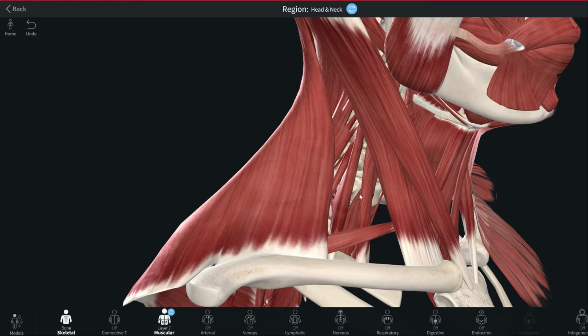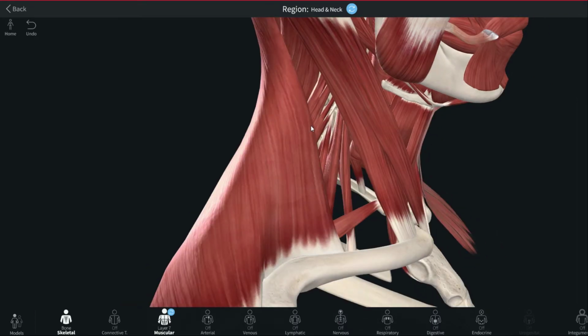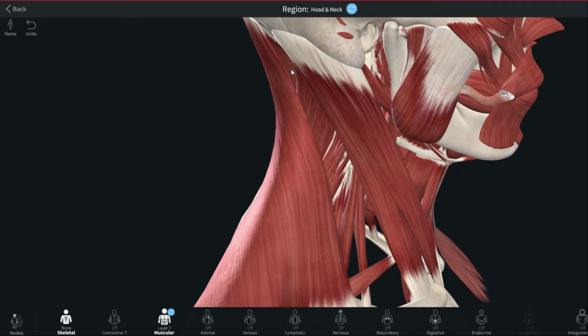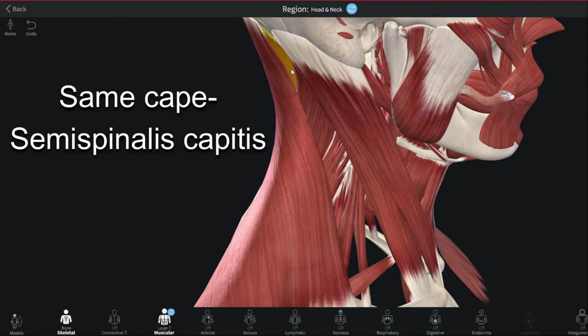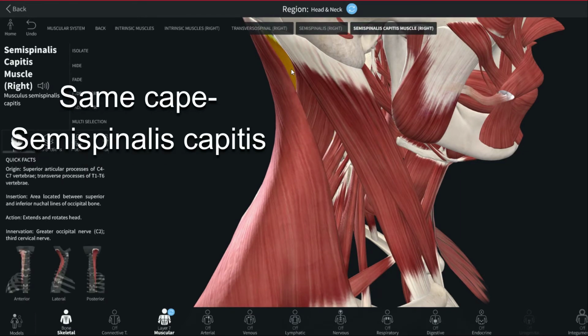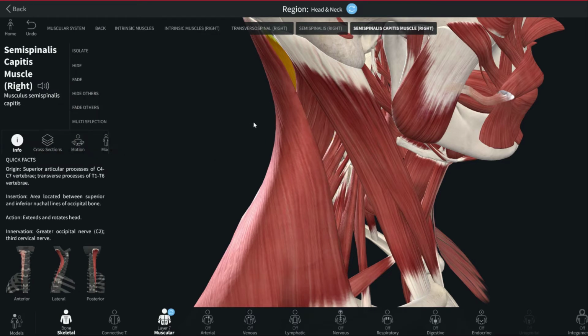So same cape. Why did I include same? So that you can recognize same as in semispinalis, cape as in capitis. You get it? Same cape, semispinalis capitis. So it's pretty effective if you can remember it, I think. Of Shay Cormac.